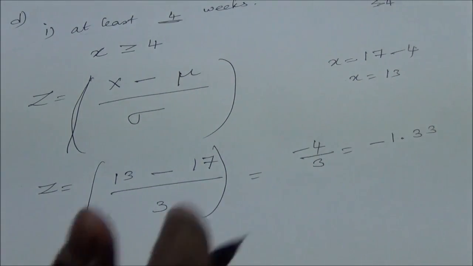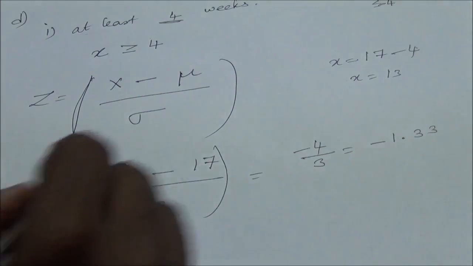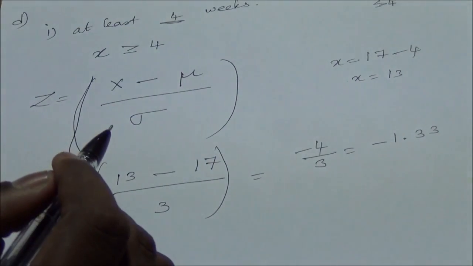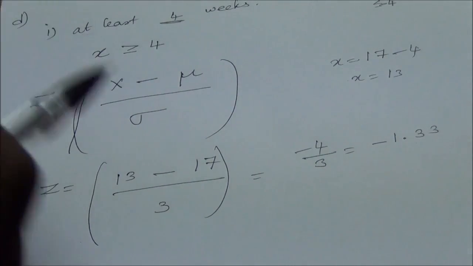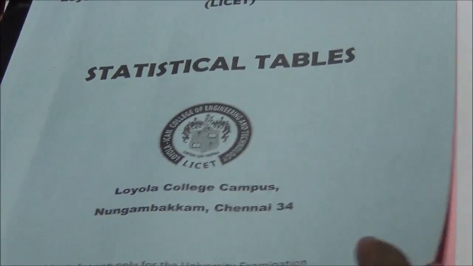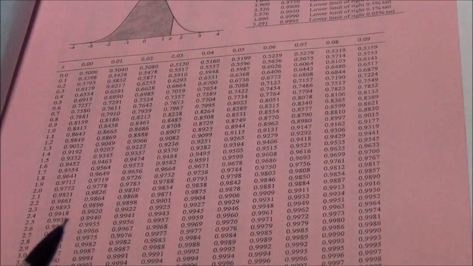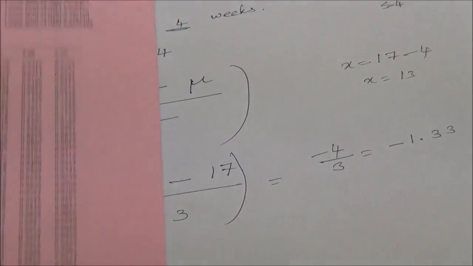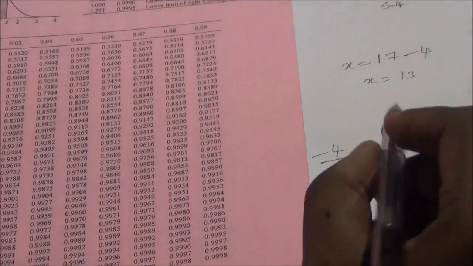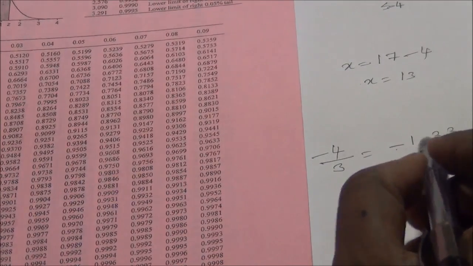So now in this distribution we have z is equal to minus 1.33. Now we have to take this table. It is a statistical table, and they will give you this in the examination. The values here are positive, but we got a negative value, minus 1.33.